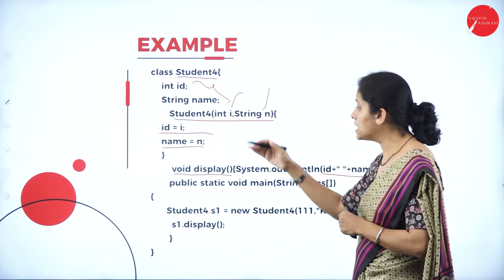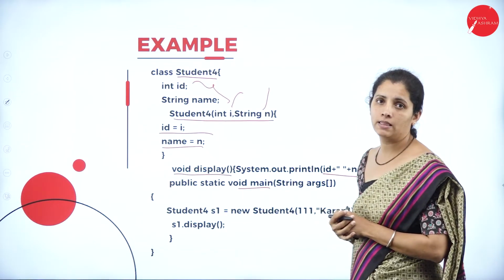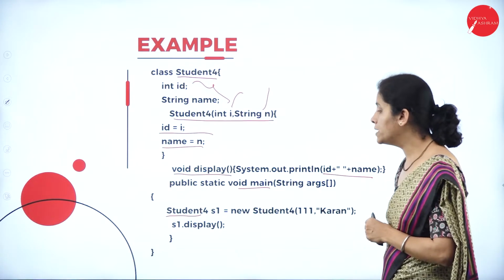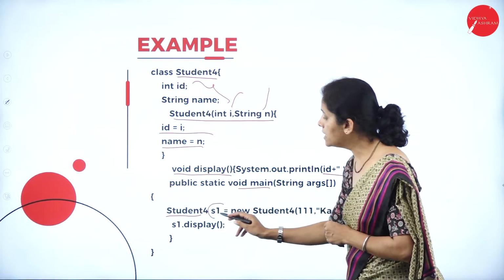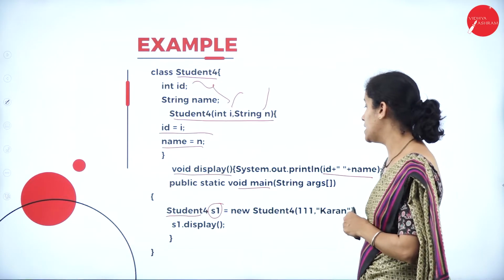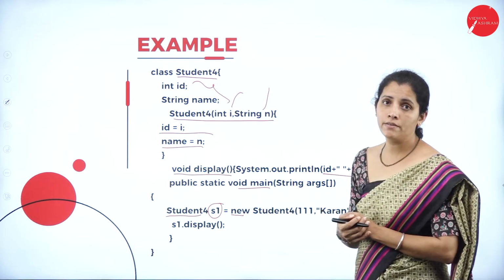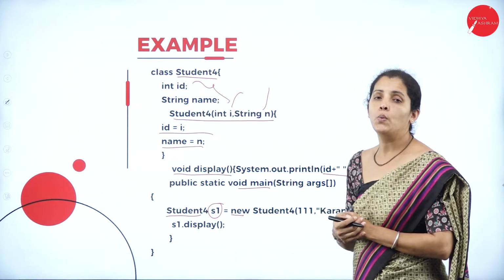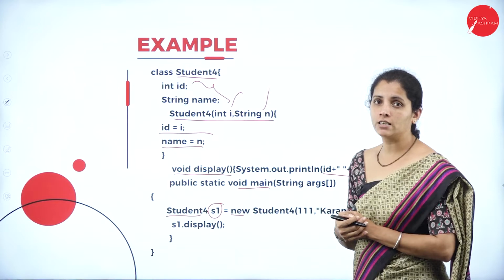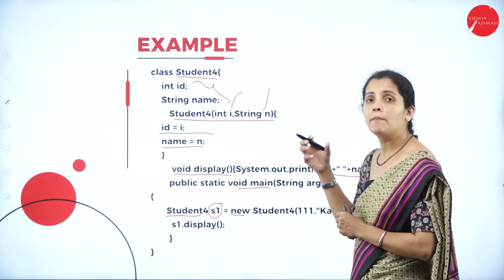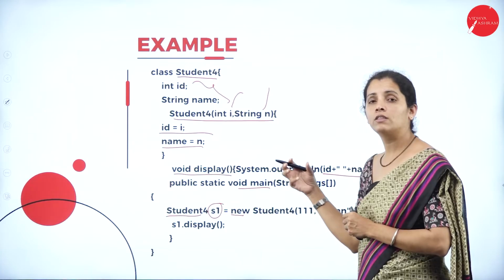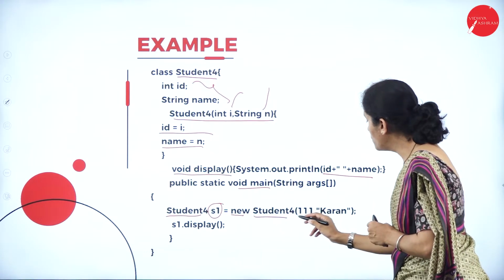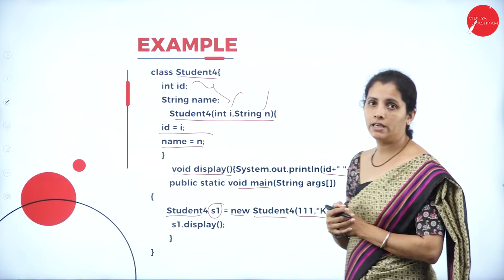Now inside this class I have the main method. So dear student, what is my class name? That is nothing but student4, and S1 is my object name, and new is a keyword used to initialize the object. When I initialize the object, the memory is created for that object. And this is my class name, and I'm going to pass the parameters.